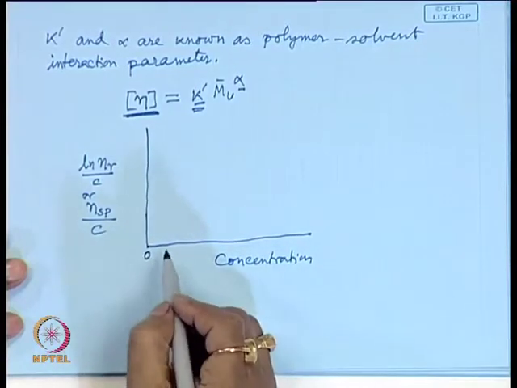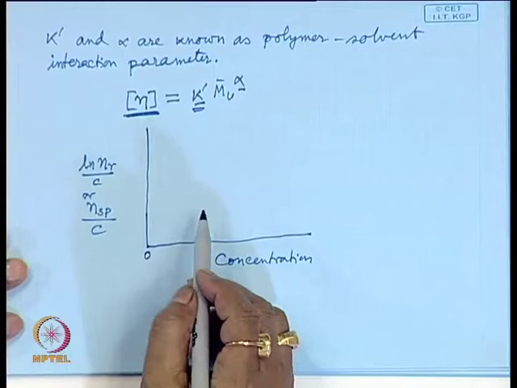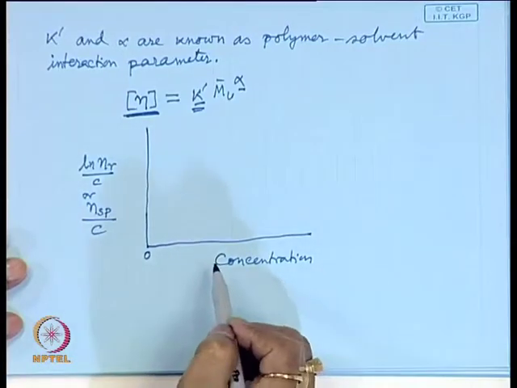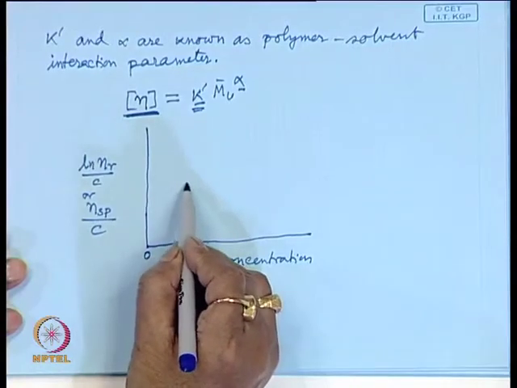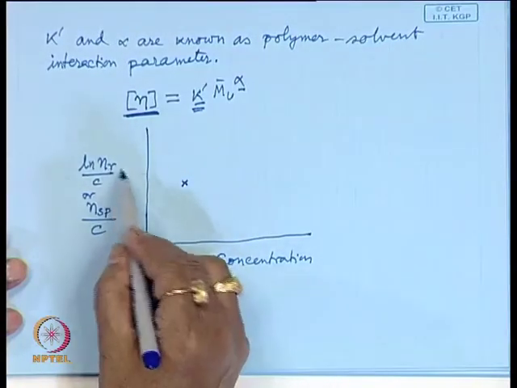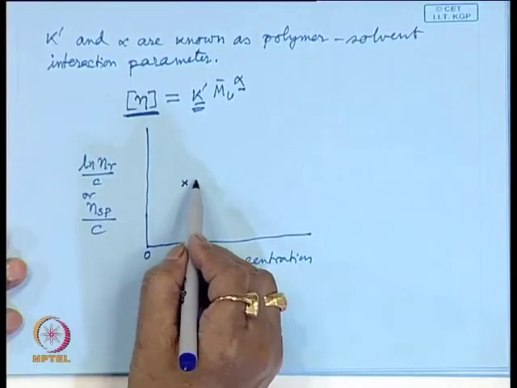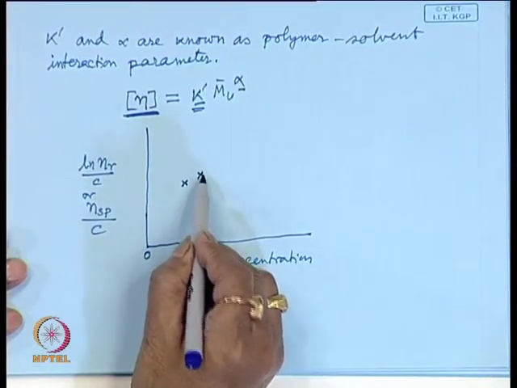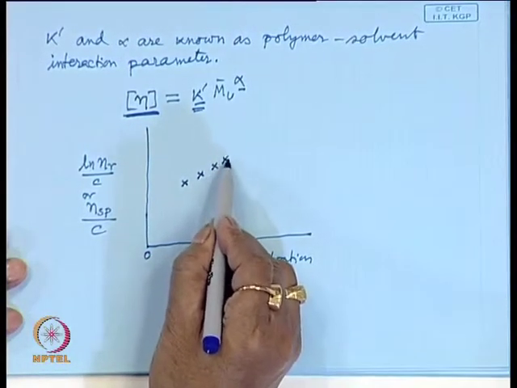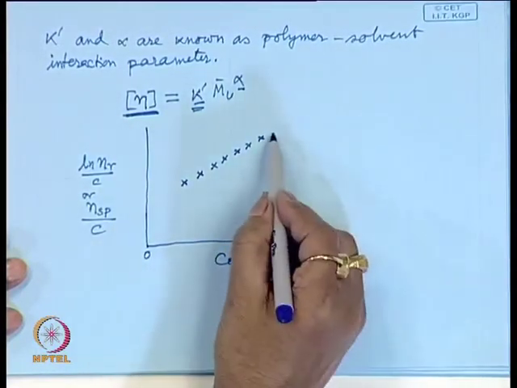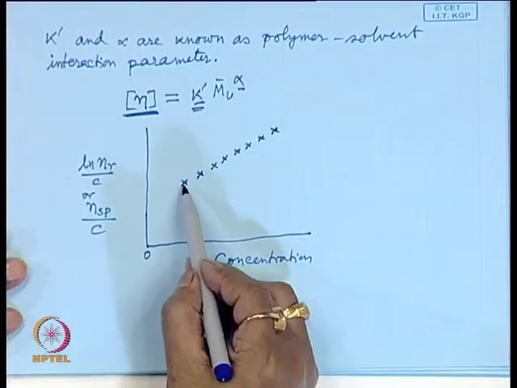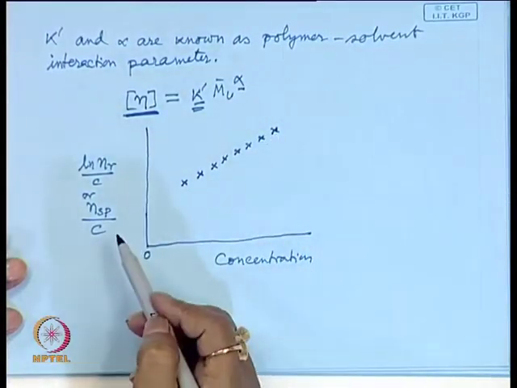This is zero concentration, and you have to measure the viscosity of different fractions or different concentrations. So you get eta specific by C values for different concentrations.